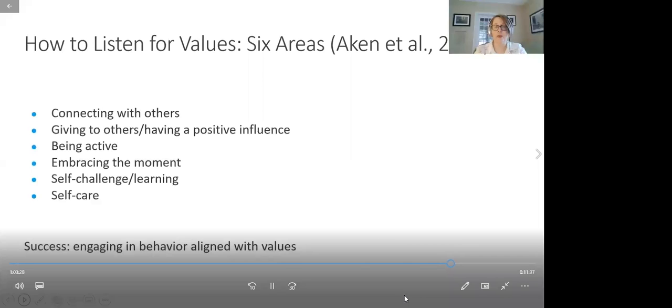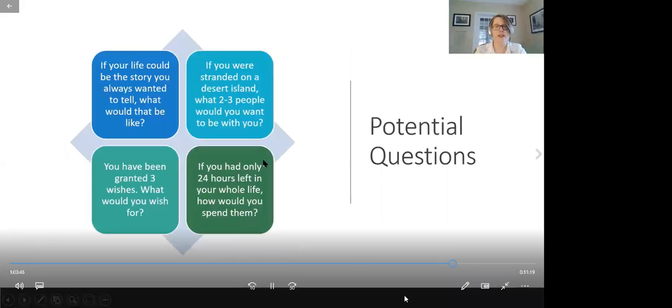And when we think about applying this to an exposure-based paradigm or an exposure and response prevention paradigm, success means engaging in behavior aligned with your values, whether or not there's an OCD there. Go for it.